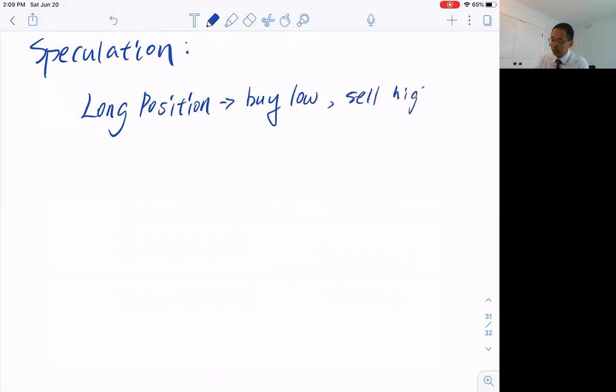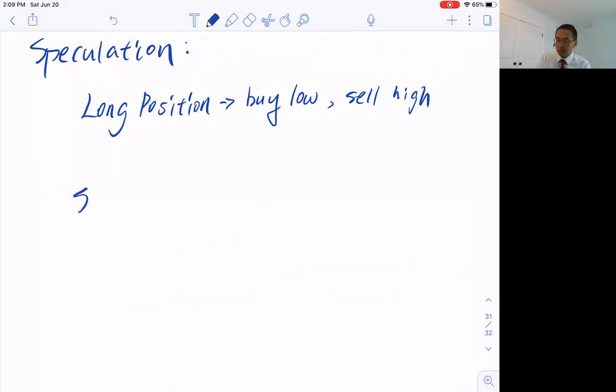Okay, you do this when you expect a currency to appreciate, right? So if you expect the pound to appreciate in 6 months, you can buy the pound now, wait till it appreciates, and then sell the pounds, and then you'll make more dollars back. Okay, that's a long position. I think most of us understand that pretty well.